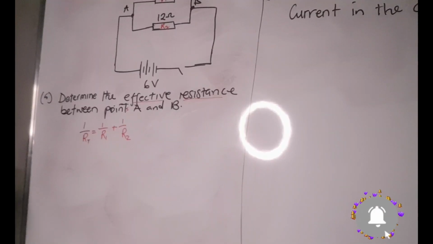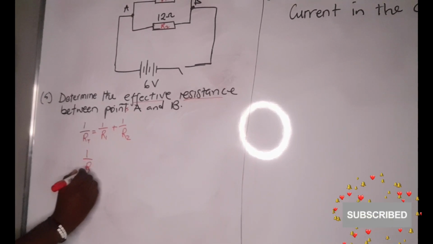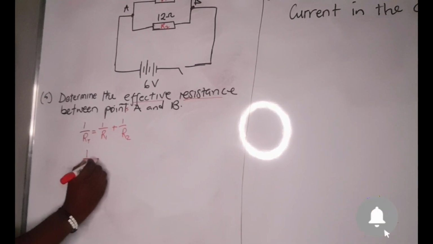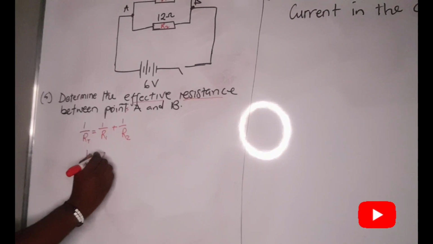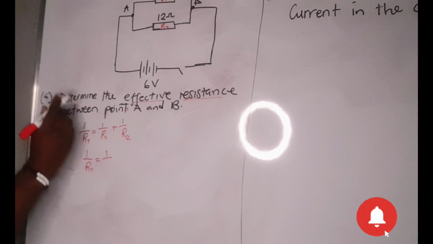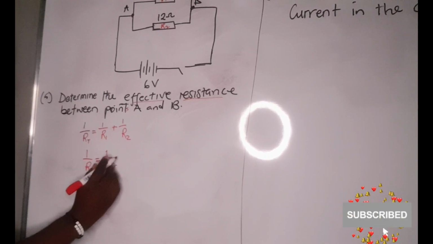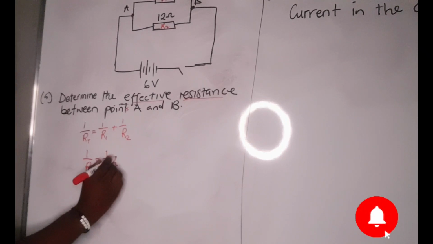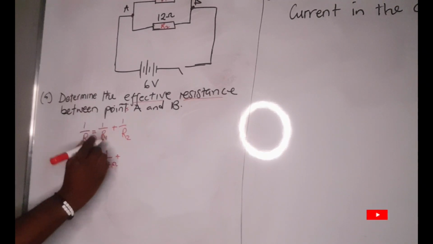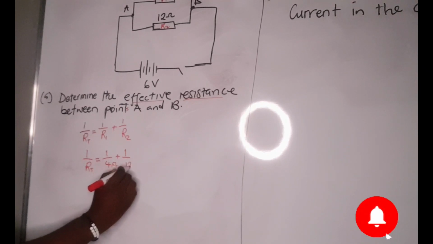So 1 over the effective resistance is equal to 1 divided by our resistor 1, which we substitute with 4 ohms, then our resistor 2 we substitute with 12 ohms.